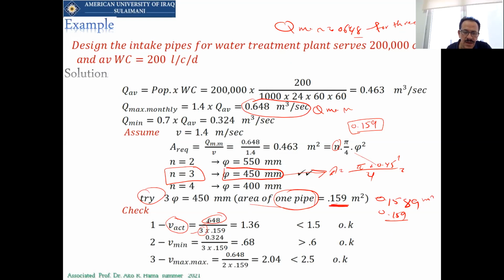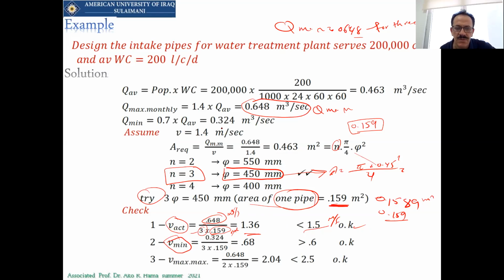Then I have a Q in every pipe. Now Q divided by the area of the pipe, meter cube per second over meter square, gives meter per second, which is the velocity, and it should be less than 1.5 meter per second. So I'm safe in this part. The minimum velocity occurs when you have the minimum flow.